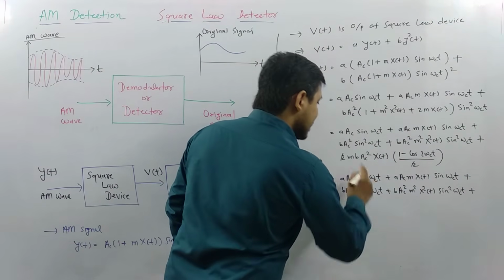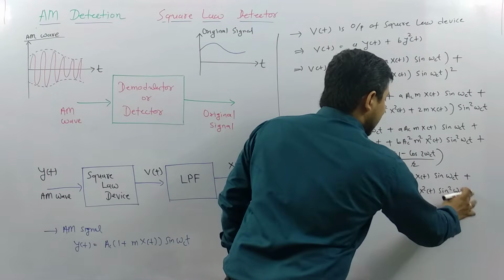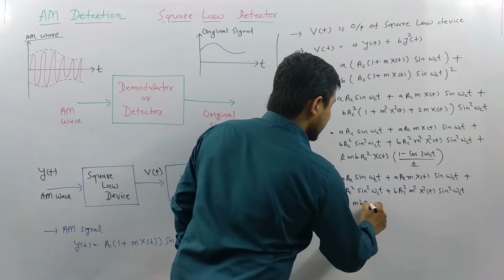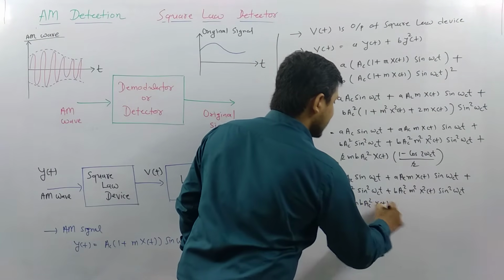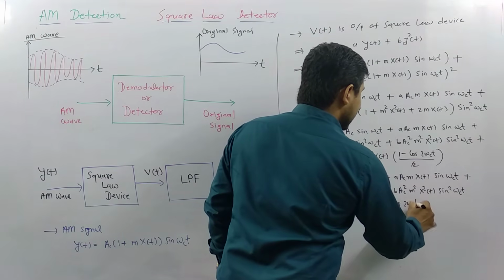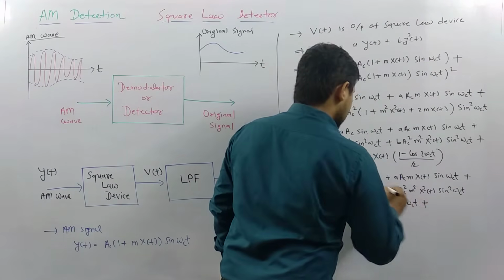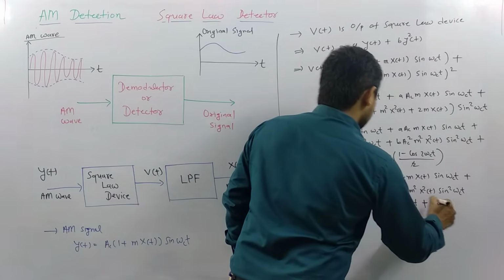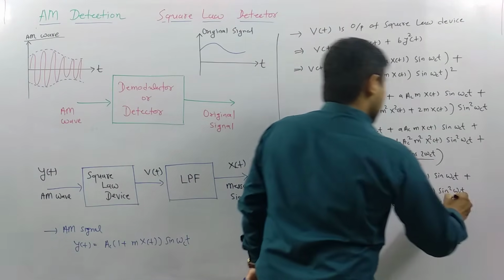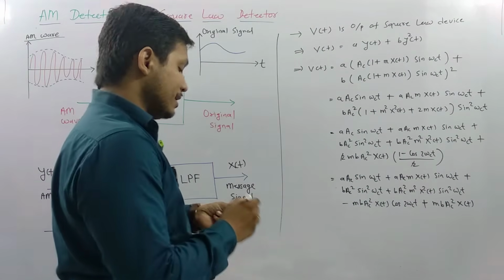One term is negative, so let us write that first: minus m B A_c² x(t) cos 2ω_ct, and this is the positive term, plus m B A_c² x(t). So that will be my output.